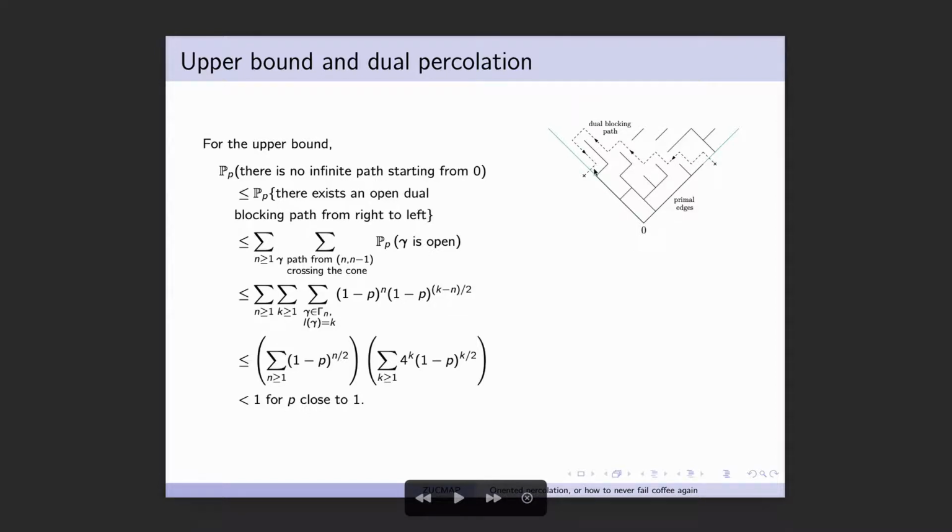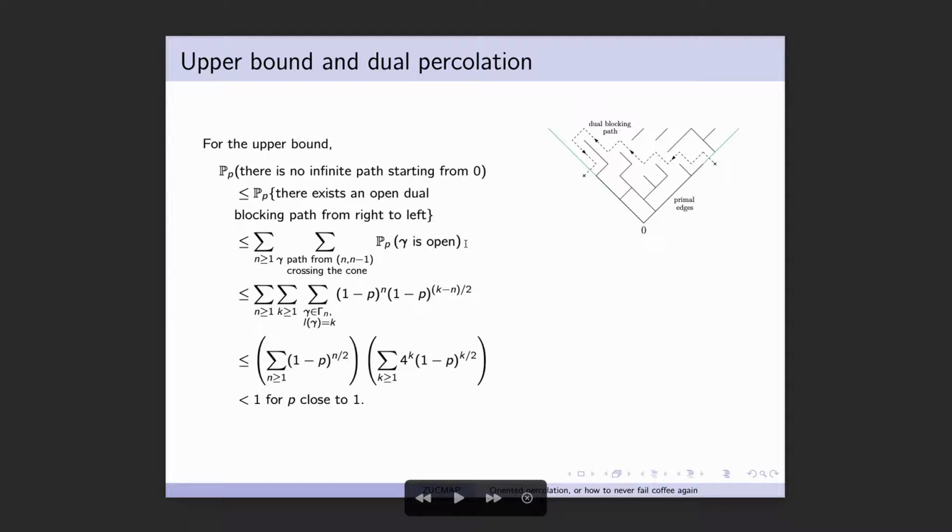And then I can again use a union bound. This time I have more paths because they can start on every point of the right side of the cone. So maybe I denote it by n, so the starting point of my path would be of coordinates n minus 1. Then I have a path which crosses the cone, and I sum over all these the probability that they are open. And now I need good control on this probability.